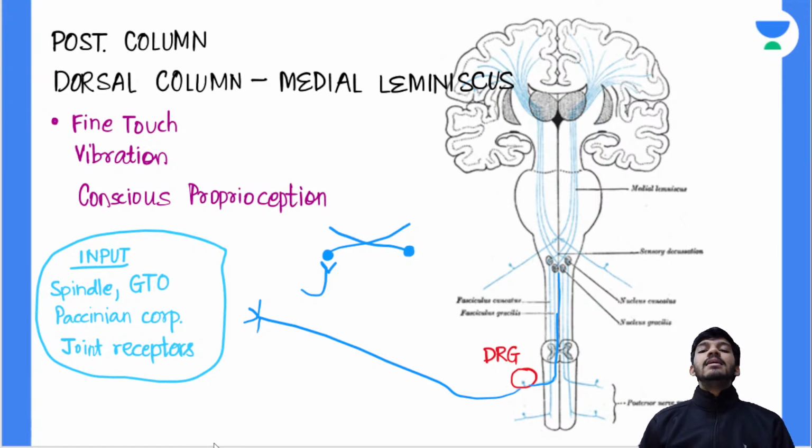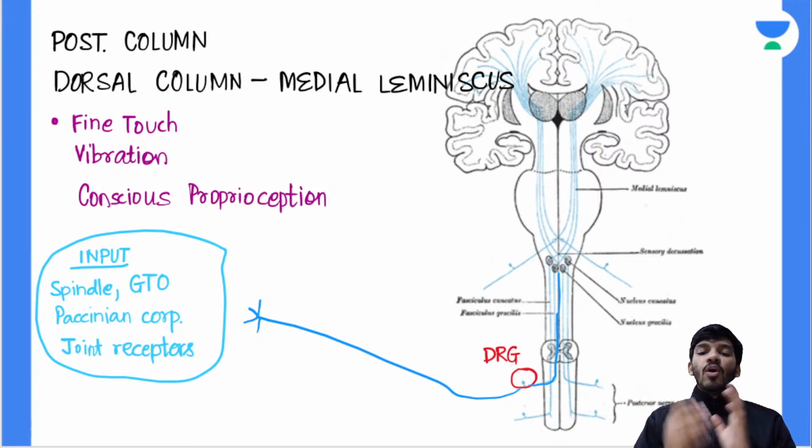After this synapse, these second order neurons give rise to axons that cross to the other side, and together they form a bundle called the medial lemniscus.